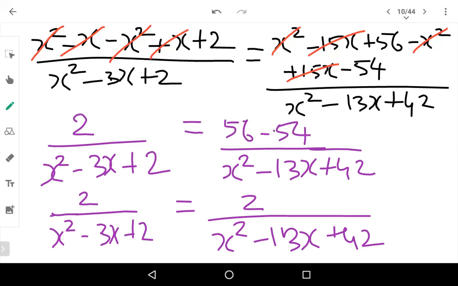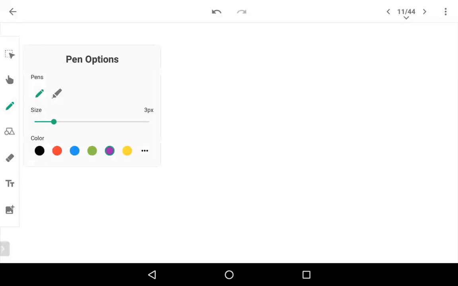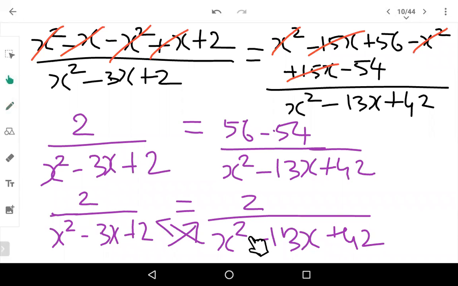Now when you get an expression like this, you just have to cross multiply and simplify the equation. Okay, now let us cross multiply the equation. In cross multiplying, we will get 2 into this denominator. This denominator will go up here and this side denominator will go to the right hand side.